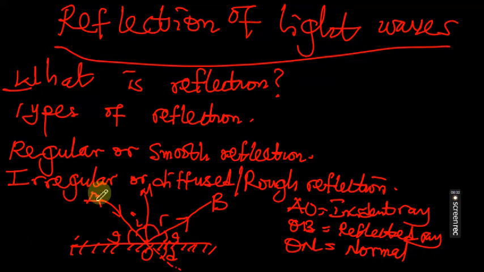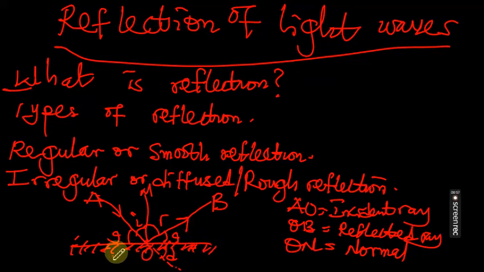Now the incident ray is line AO, the normal is line ON, and the reflected ray is line OB. Everything lies on the same plane, which is this mirror, and that is what we call the law of reflection.